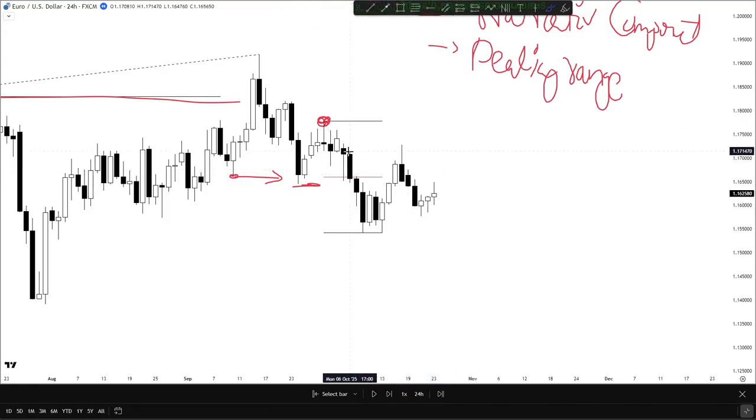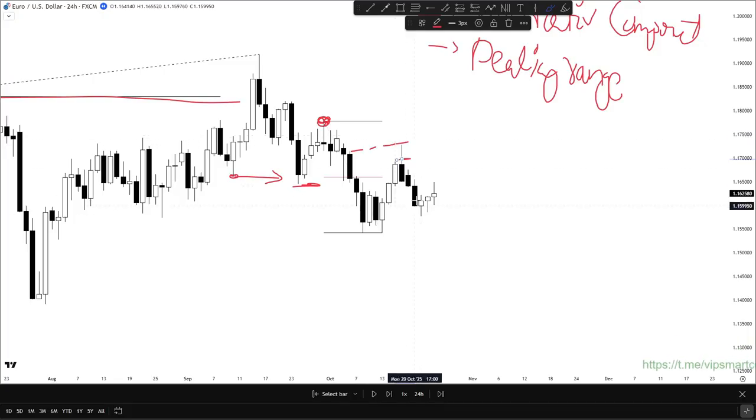It also had an SMT with GU, and then we confirmed the high here with this candle range, and then we validated this candle range in the SMT with a 4-hour structural shift that happened here. And from that point on, I started expecting price to have a bearish range expansion profile lower. That is what happened in the last 2 to 3 weeks.